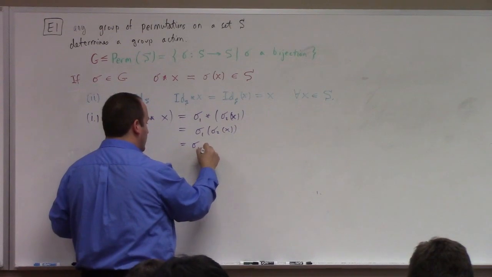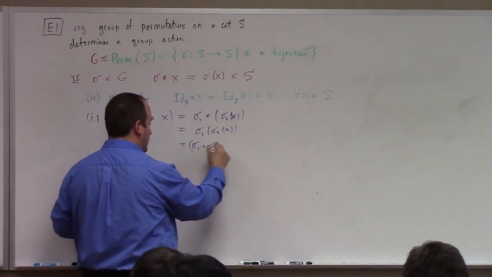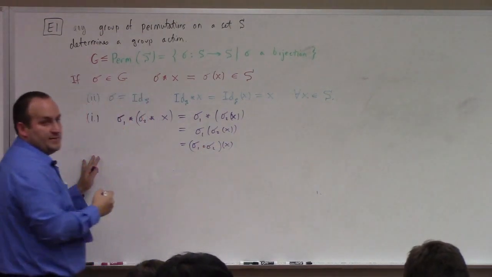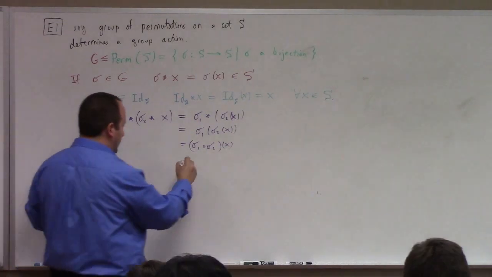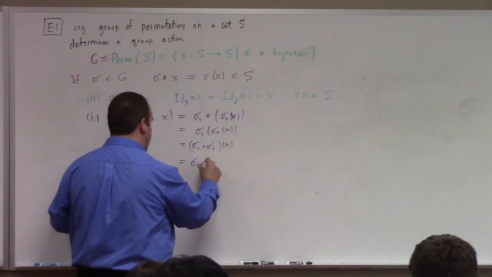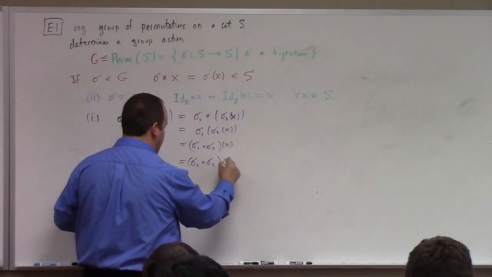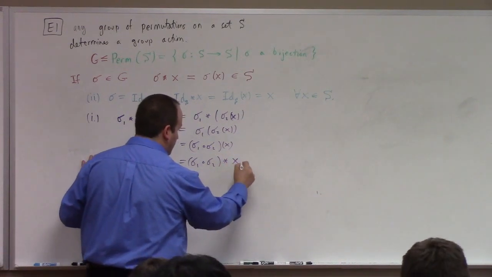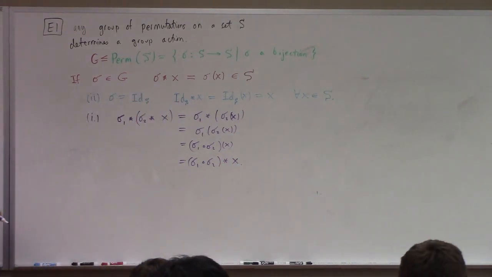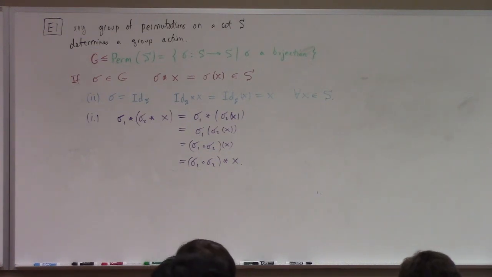That's sigma 1 composed with sigma 2 of X by definition of function composition, which then is, of course, sigma 1 composed with sigma 2 parentheses star X. And there you have it. There's condition 1. It's a group action, all right? So any group of permutations, I would say subgroup of permutations of a set, determines an action, all right?